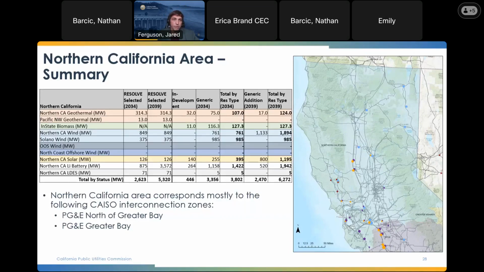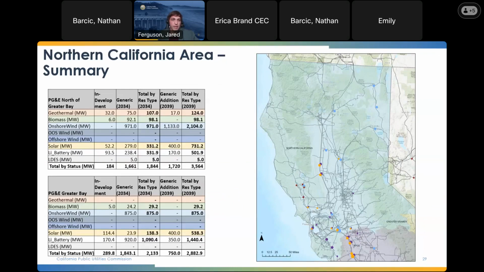So you can see where we shifted resources to better align with our busbar mapping criteria. And I'll just note that this Northern California RESOLVE region corresponds mostly to the north of Greater Bay and Greater Bay areas of the interconnection zones. Next slide.